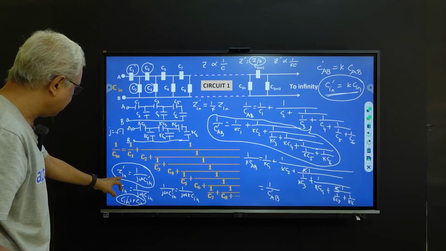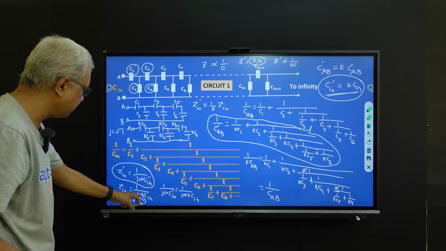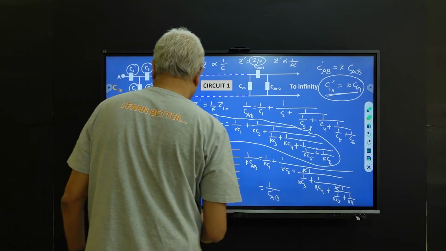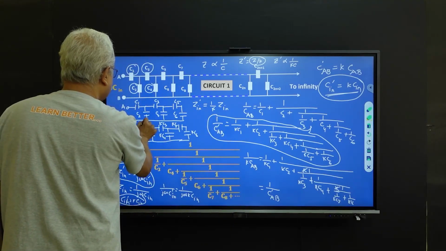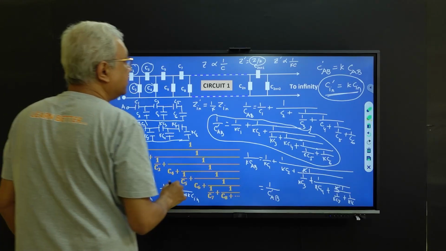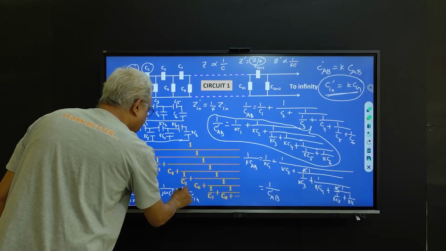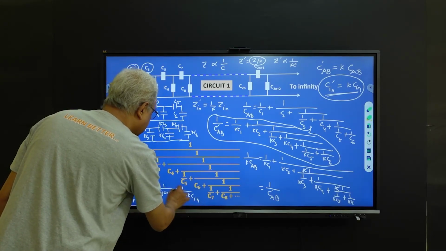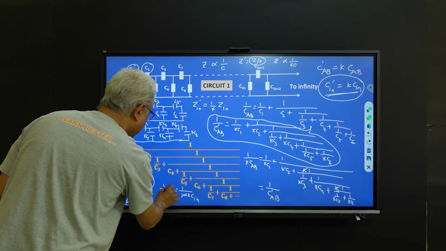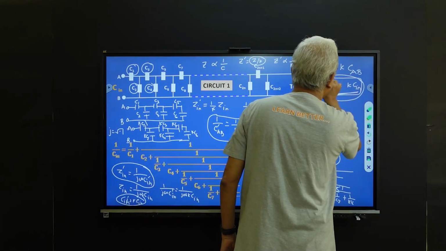You have understood that Z in dash is 1 by j omega C in dash, and Z in is 1 by j omega C. Each circuit element offers an impedance that is 1 by K times the original. Therefore, Z in dash is 1 by K times 1 by j omega C. So 1 by j omega C in dash equals 1 by j omega K C in. Therefore, C in dash equals K C in. So this is the relation.